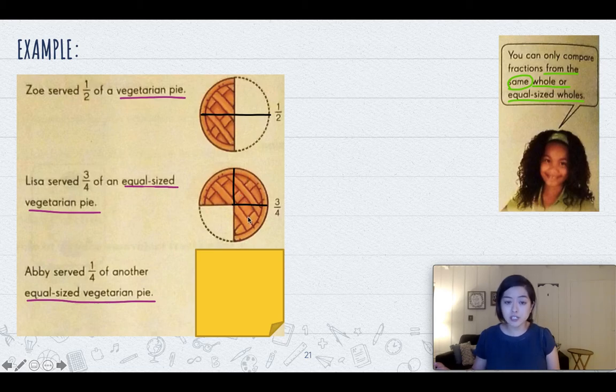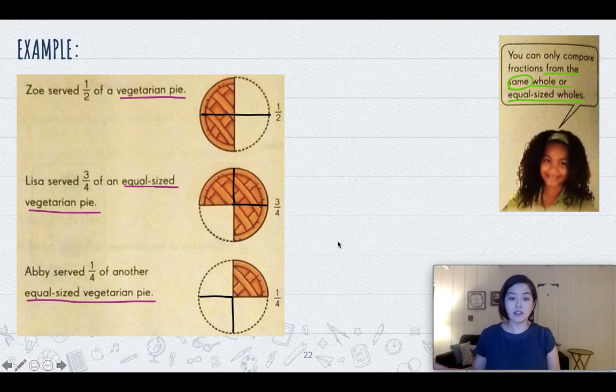So the fraction here represents 3/4. I also wanted to show you up here how there's also 4 parts here, but 2 parts out of the 4 are shaded, which makes 1/2. And here, this shows 1/4 of a whole.